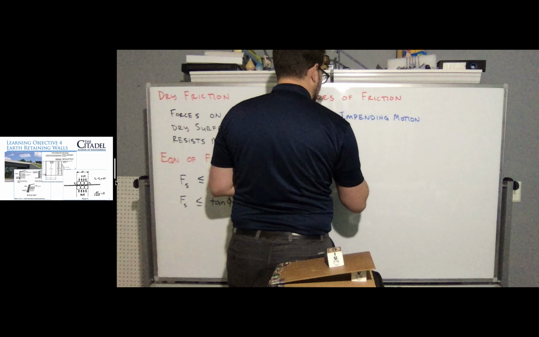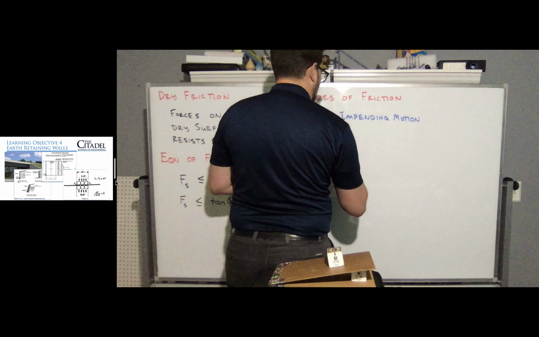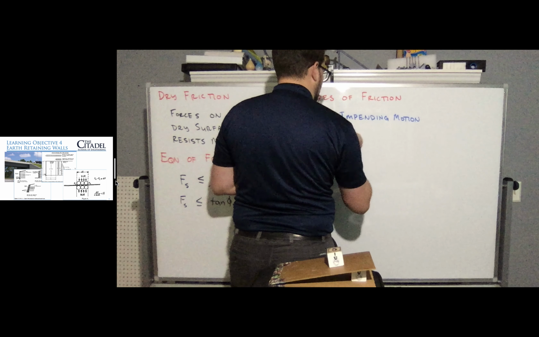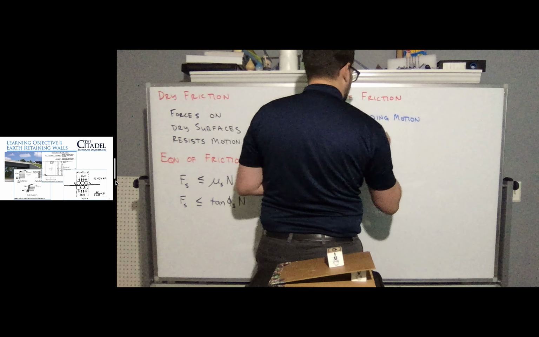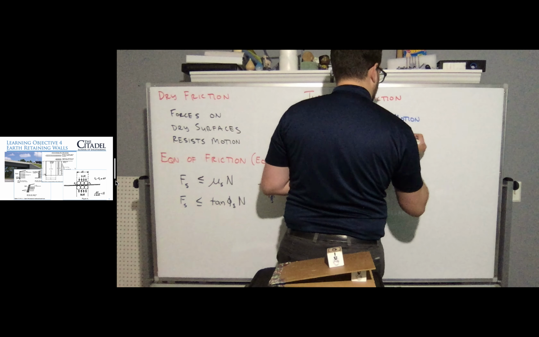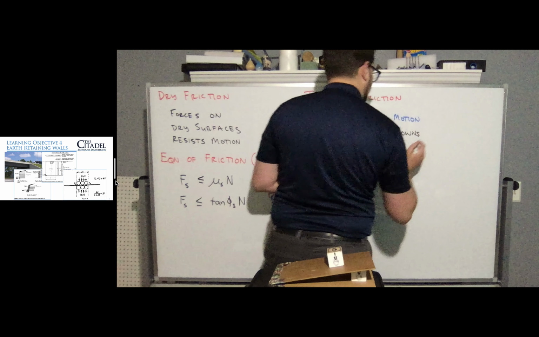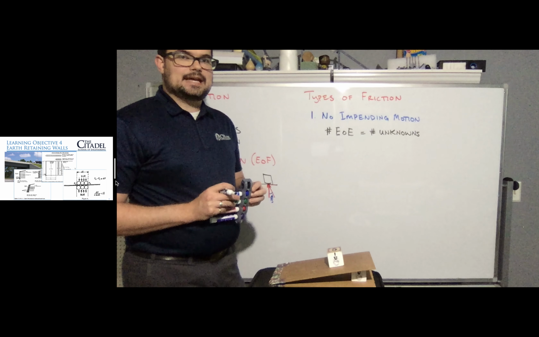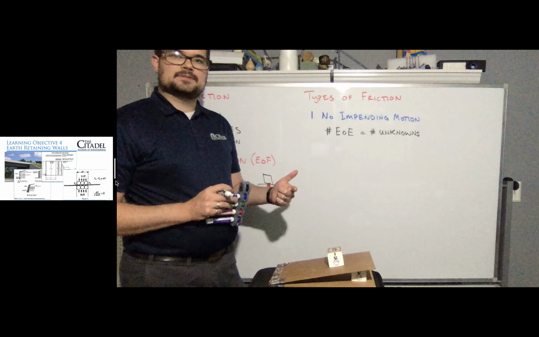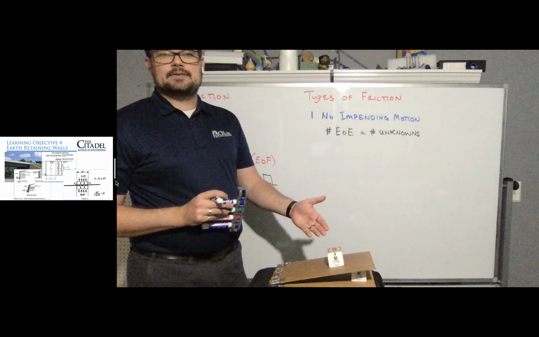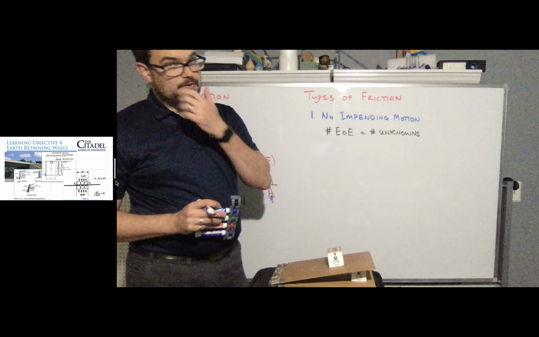The number of equations of equilibrium will be equal to our number of unknowns for a given problem that has no impending motion. In this case, we can think about the forces in the X and the forces in the Y. If we're modeling it as a particle, that would give us everything we needed to solve for the normal force and the frictional force.